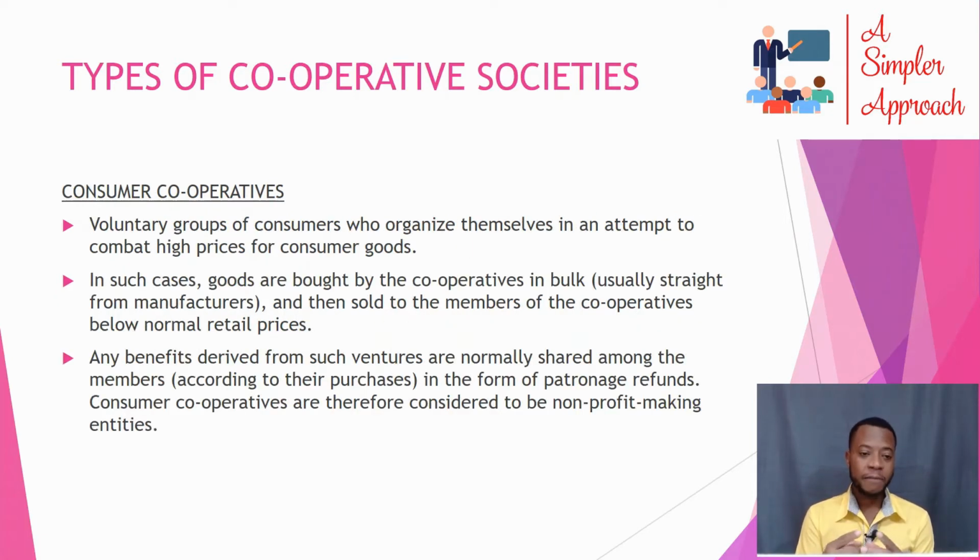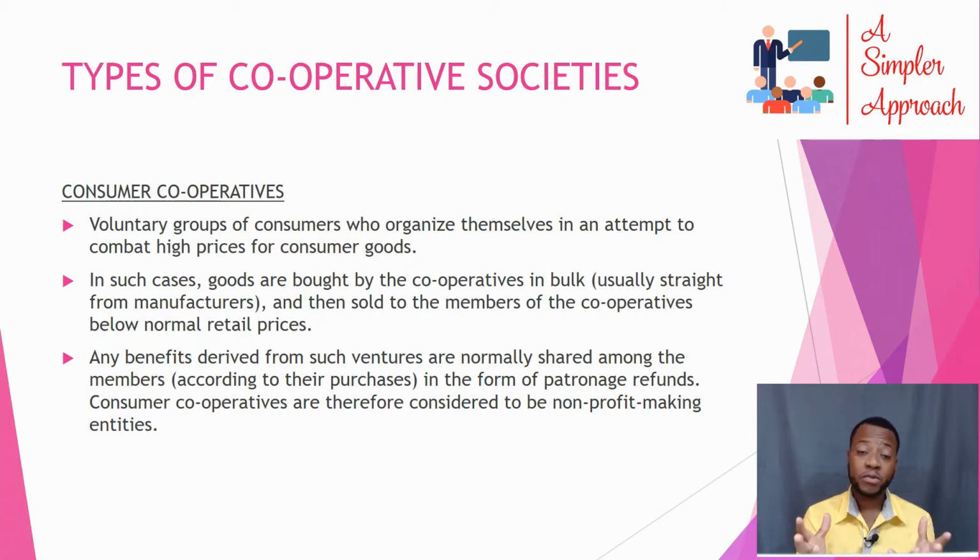The second is called consumer cooperatives. Now, with this type, the sole purpose is for consumers or like-minded individuals to come together in an attempt to combat high prices. How do they do that? They come together and buy the items that they want in bulk.